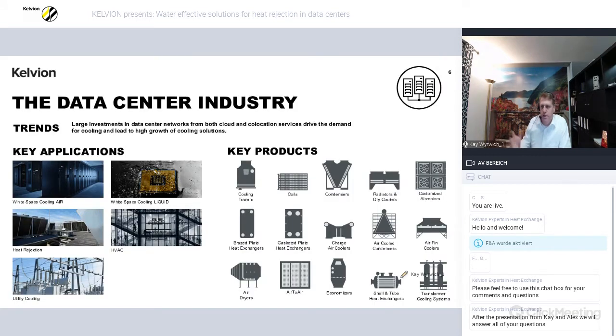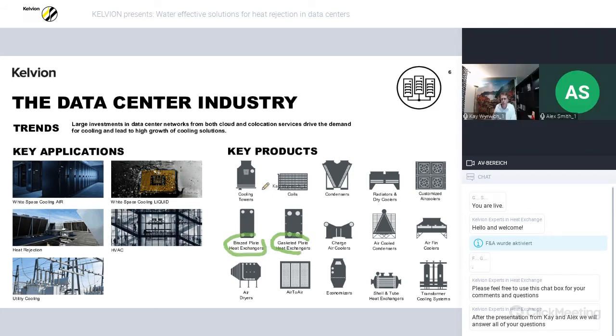As the last slide, and then I will hand over to Alex: as I mentioned, we're not only producing dry coolers. We're also producing gasketed or brazed plate heat exchangers for the data center industry. We also do open loop cooling towers, which we deliver for different projects, also to hyperscale customers, for example in Denmark, and hopefully in the future in Finland.